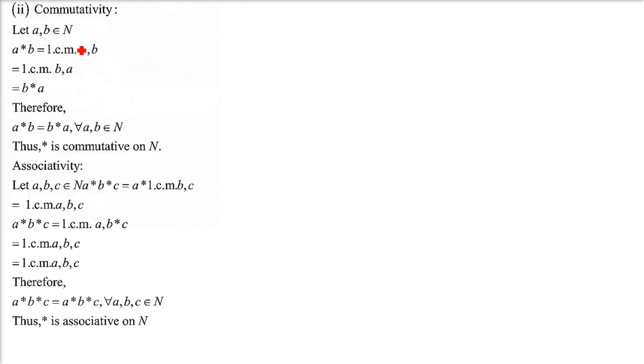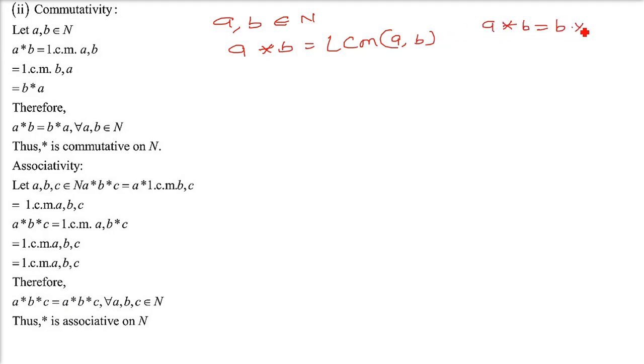Now the second part is, check the commutativity and associativity of star on N. So in order to find out commutativity, a and b belong to N, and a star b, if it is equal to b star a, where a star b is given as LCM of a, b, then it will be commutative.